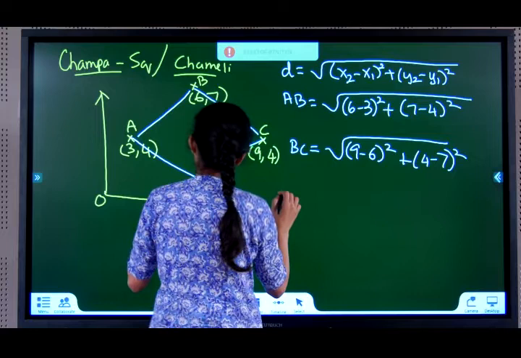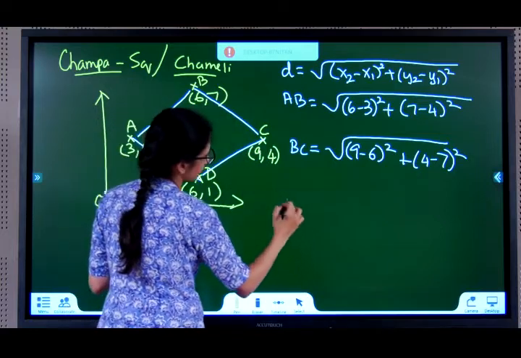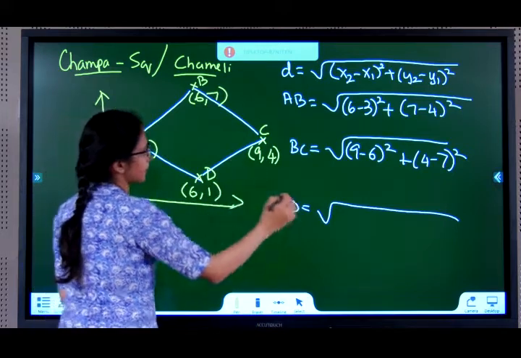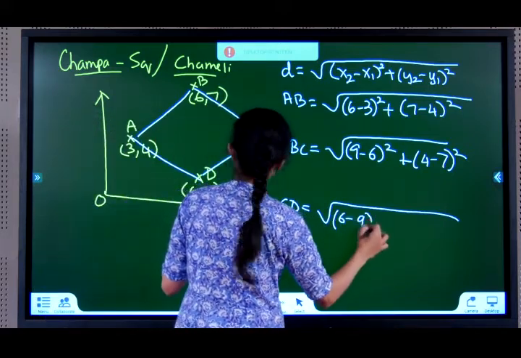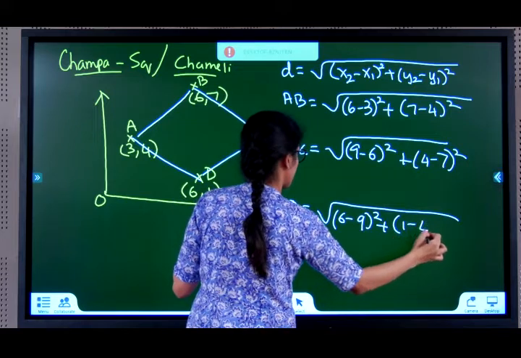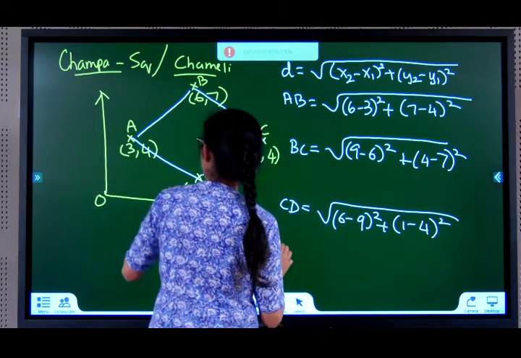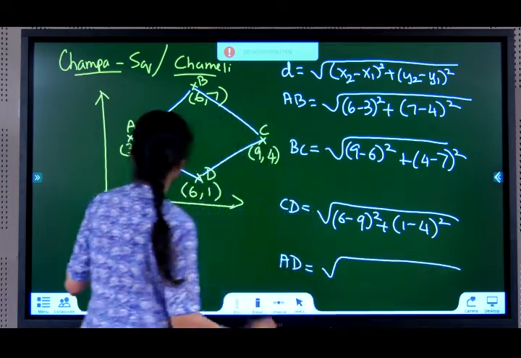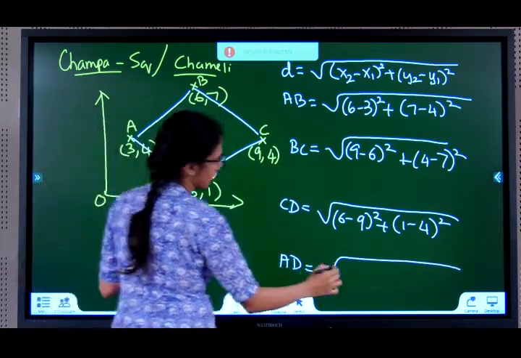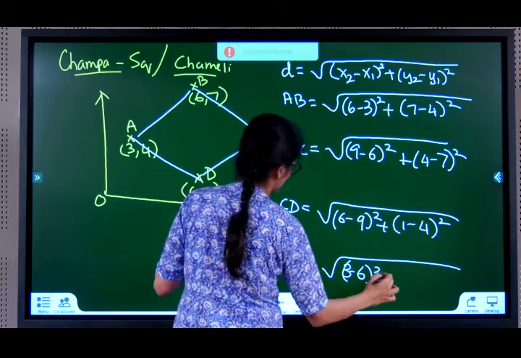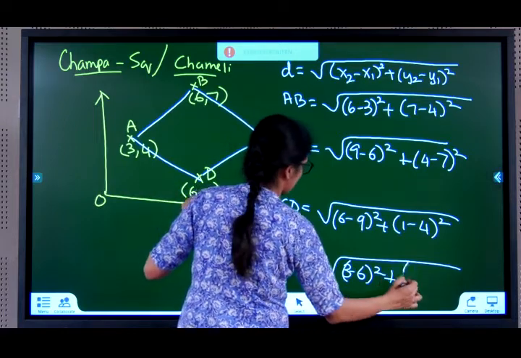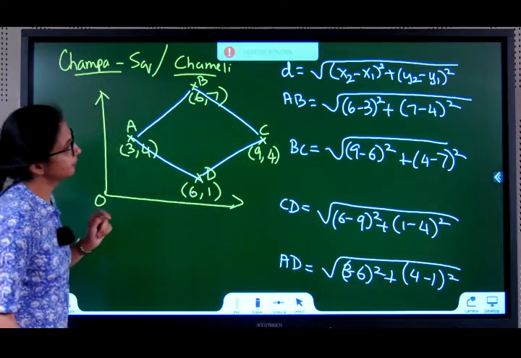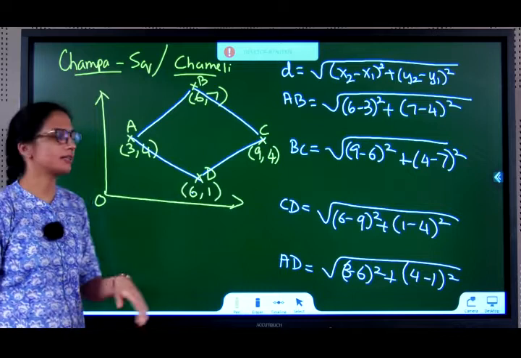Please solve. CD, root of 6 minus 9 the whole square plus 1 minus 4 the whole square. AD, root of 3 minus 6 the whole square plus 4 minus 1 the whole square. Is the problem over? No, you also have to find the diagonals.